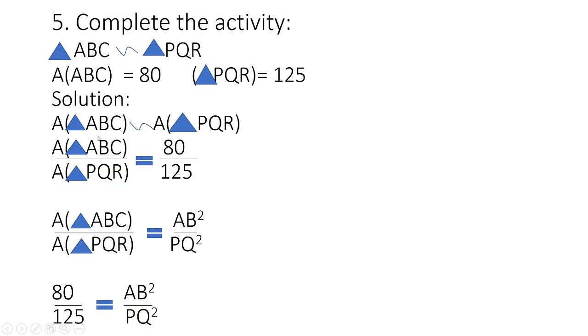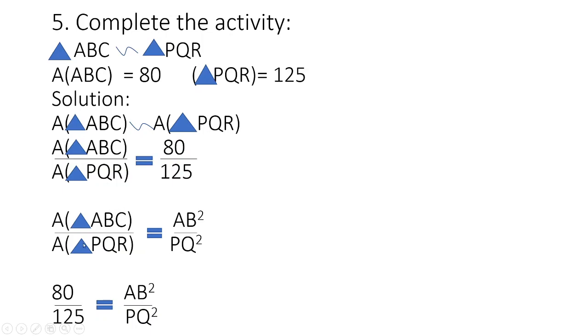Our solution. Triangle ABC and PQR are similar. So area of triangle ABC upon area of triangle PQR is equal to AB square upon PQ square.